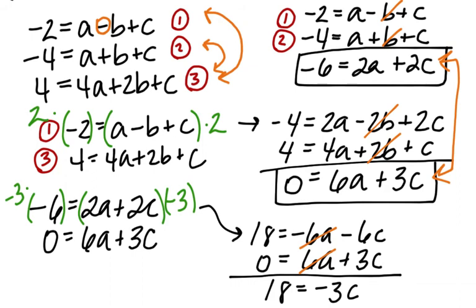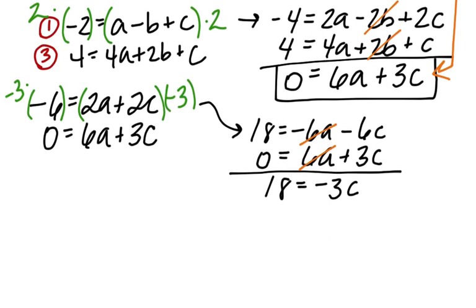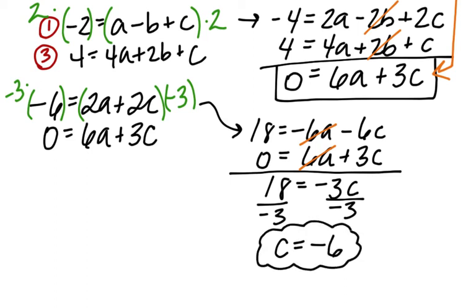So finally I have one equation with one unknown, so I can go ahead and finish solving this time and solve for my variable c. So it looks like c should equal negative 6. So finally I have one of the values of the unknowns I'm looking for. Remember, I was looking for a, b, and c.